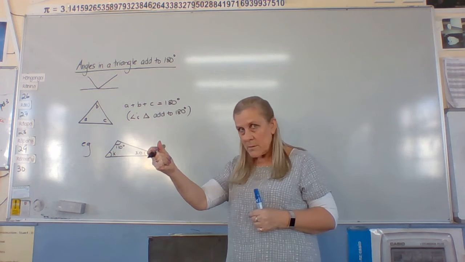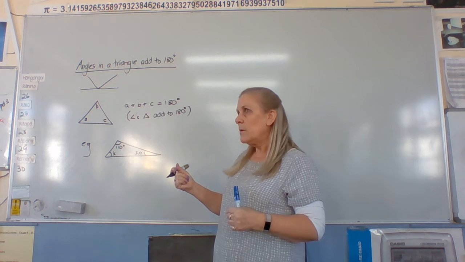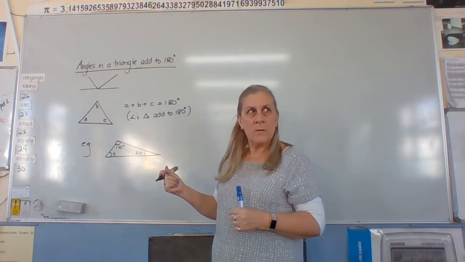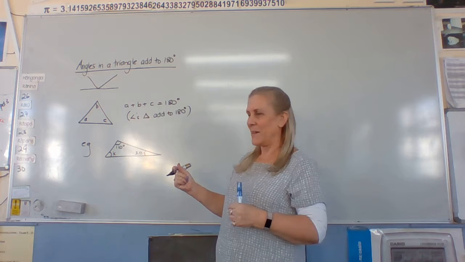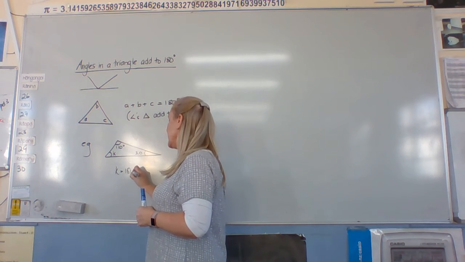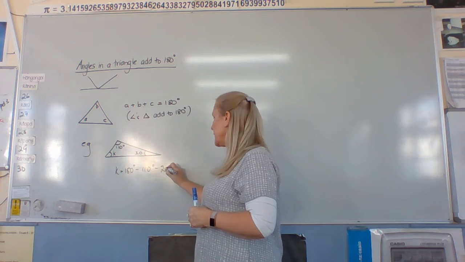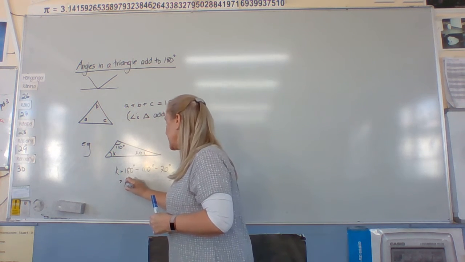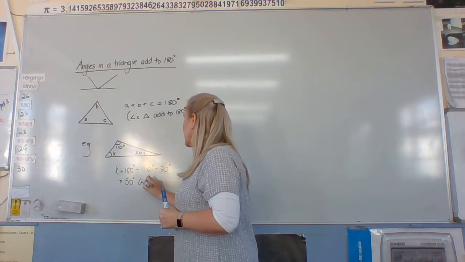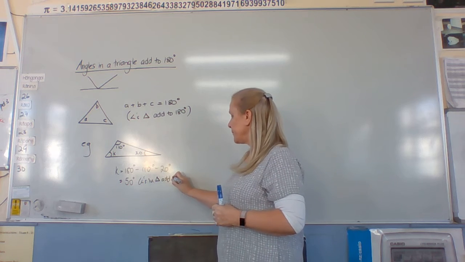William, 50. Yeah. So K equals 180 take away 110, that makes 70. Take away 20, that makes 50. Because angles in a triangle add to 180.